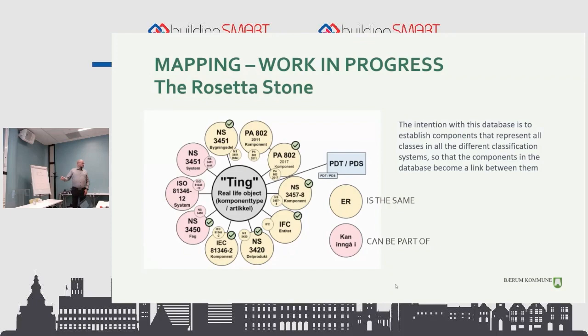It's not always one-to-one, but one-to-many and many-to-one, but it's the same type, same component, same system. The red is where this central object is part of. So here it's the same, and here it's part of. If you remember, I pointed out the mapping earlier, going from the building part to the component and then the IFC.